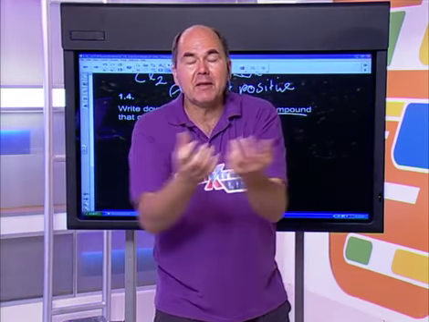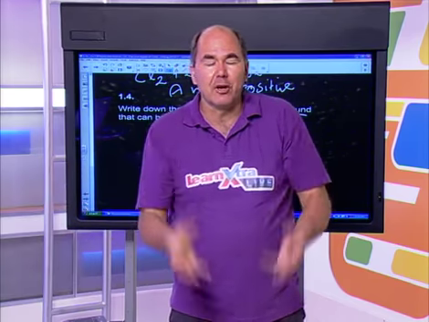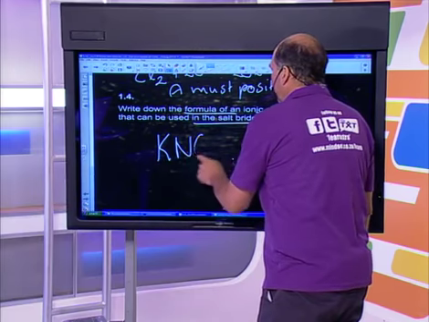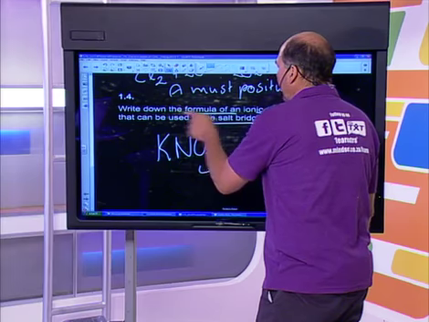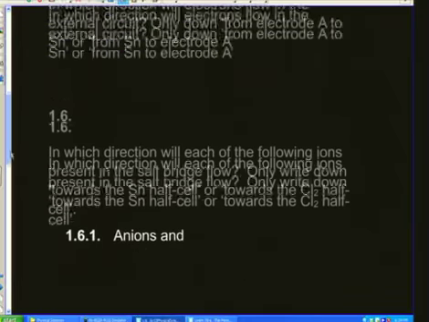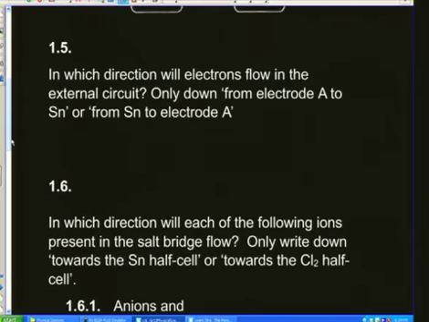So we need something that's not going to clog up, that's not going to precipitate. We need something that's highly soluble. The preferred substance is potassium nitrate. Notice it said write down the formula, so I can't write potassium nitrate in words. I must write down the formula KNO3.